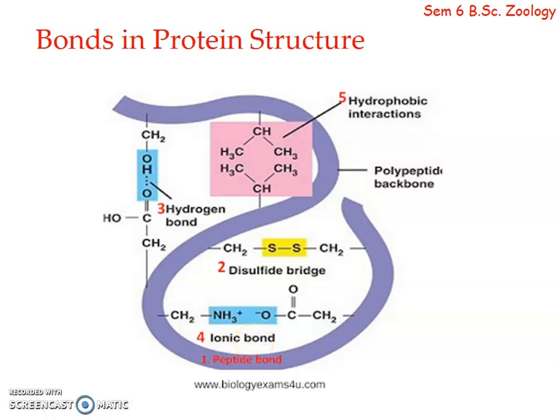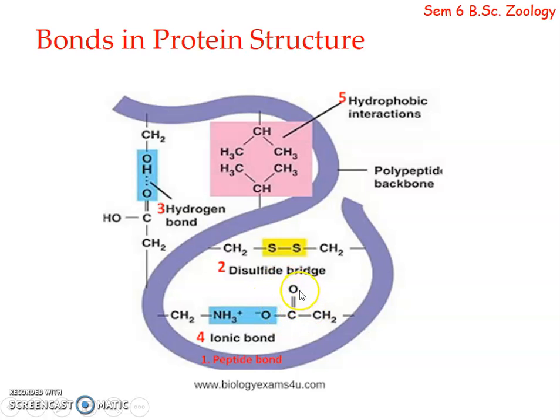The next one is the ionic bond, or the electrostatic bond, and these bonds are formed by interactions between negatively charged groups, for example the COO minus, the carboxyl group of acidic amino acids, with positively charged NH3 plus groups of basic amino acids. You can see here, this is not the carboxyl attached to the alpha carbon.